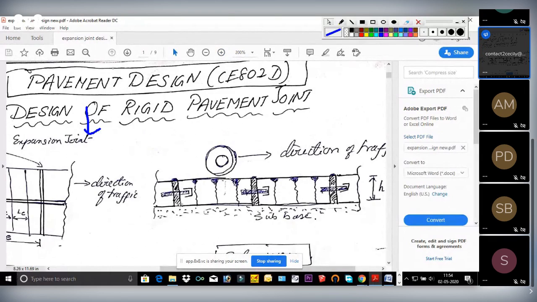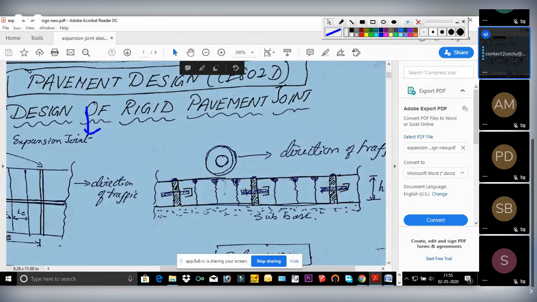Now what is the property of the filler material? The property is that it should compress to half of its width. Its compressibility should be 50%. Why? In order to allow 50% expansion of the slab into that gap. As I said, the allowable expansion will be half of the width.